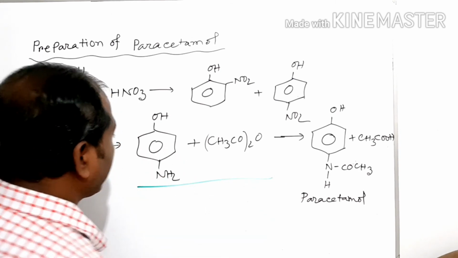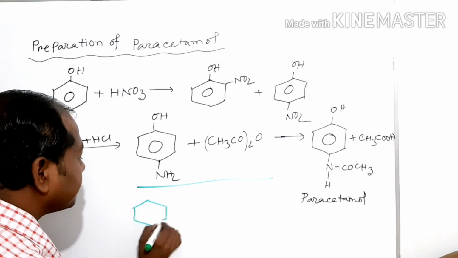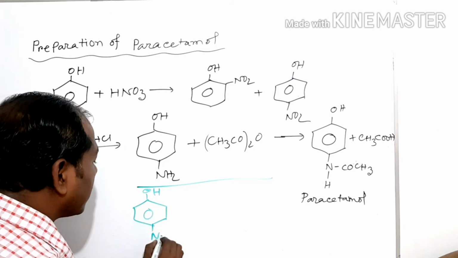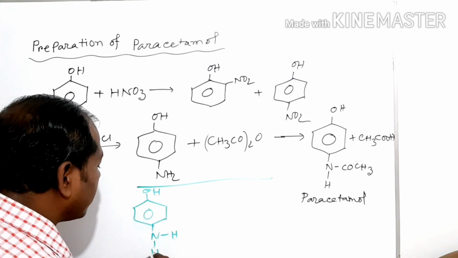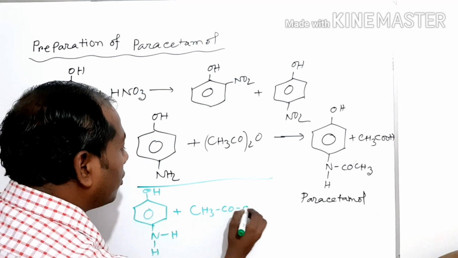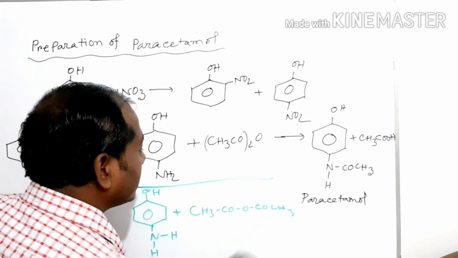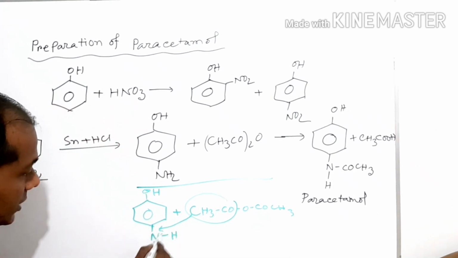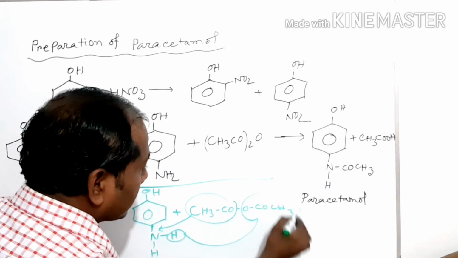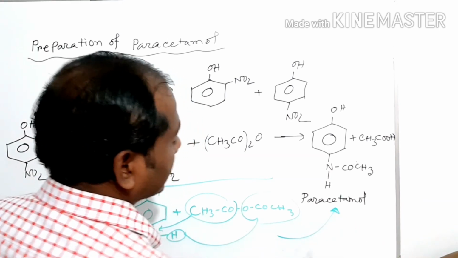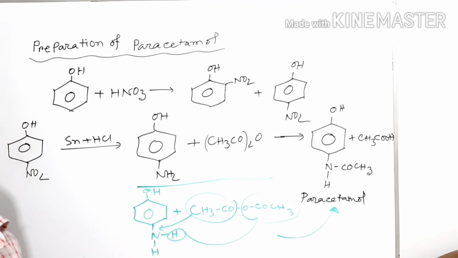If we see this reaction, OH, NH2. This one is acetic anhydride, CH3CO-O-COCH3. This part attaches with nitrogen and this hydrogen attaches with CH3COO, and it produces paracetamol. Okay, thank you.